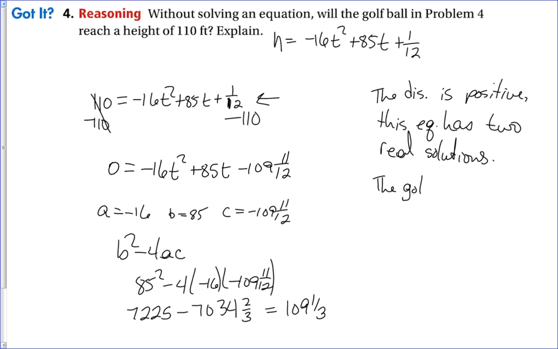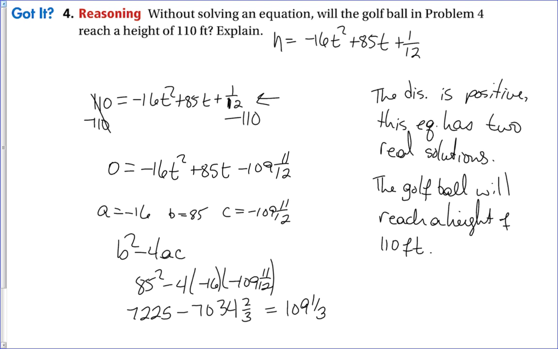So the golf ball will reach a height of 110 feet.